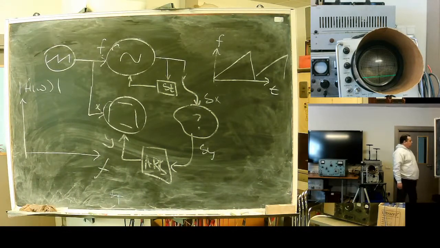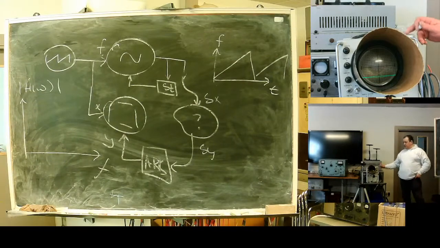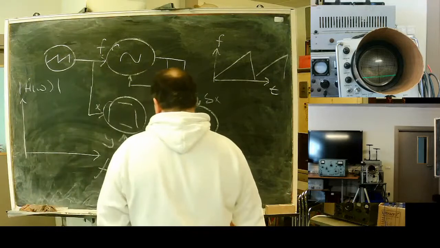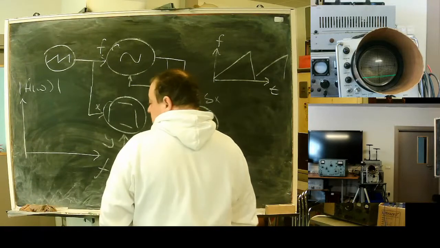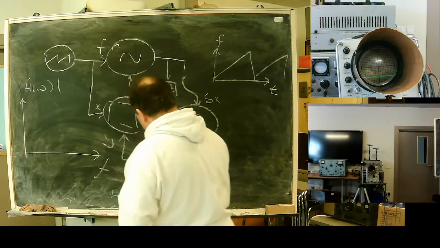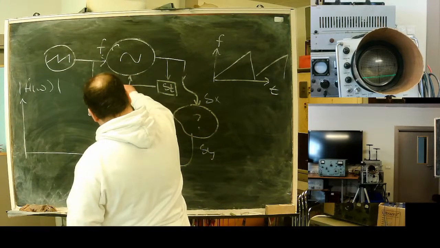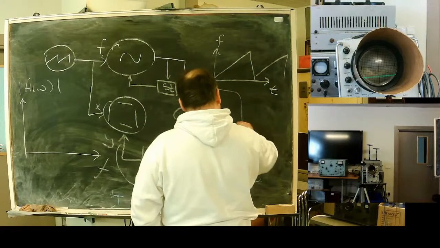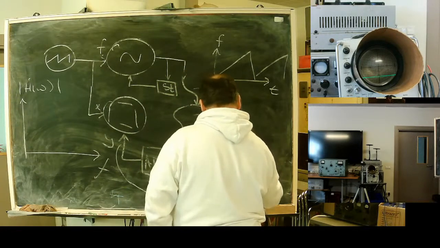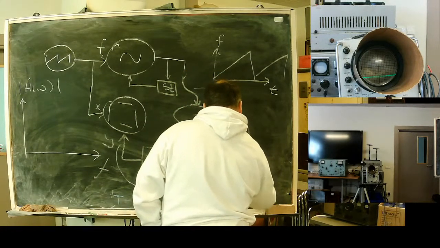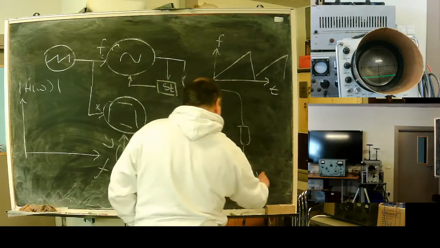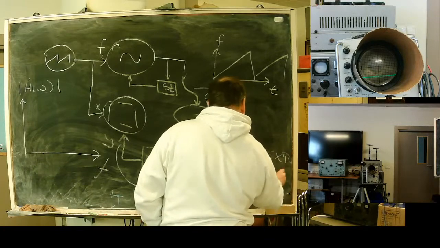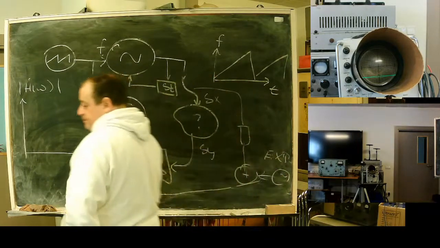But I will use one of its features for my demonstration. It has the ability to put on Y, say the resistance, some function, a signal from an external source.